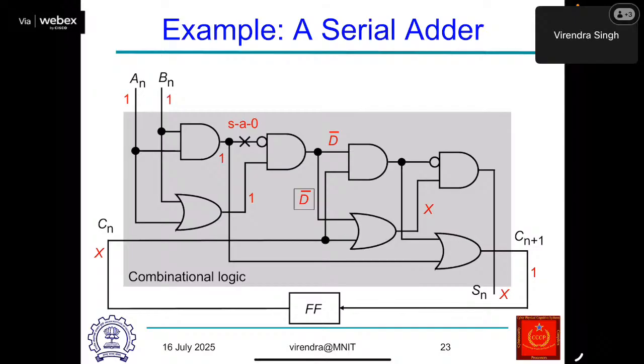That will give me a delay proportional to the number of full adders that I have, and the number of full adders is equal to the number of bits. So that means the delay is proportional to n. I give the input and with n full adders, I get the output after n unit delay. A similar thing I can achieve if I do this computation serially.